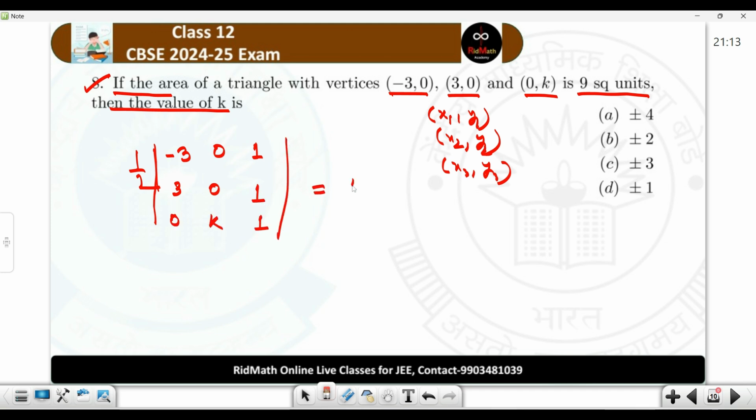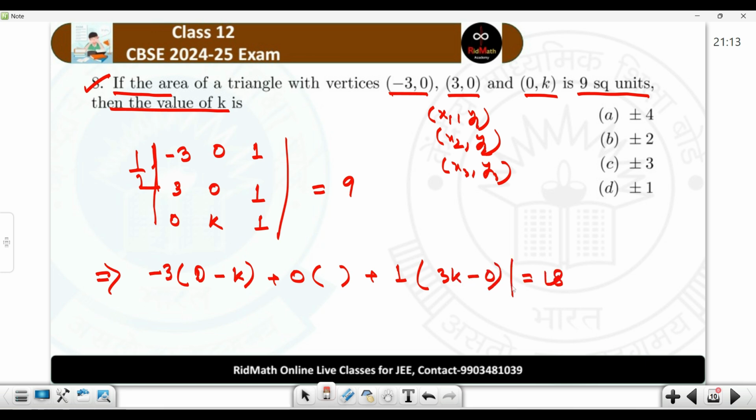This is equal to 9 given. So that is equal to, this is mod value, remember. So expanding this, minus 3 into 0 minus k plus 0, we will not write it, plus 1 into 3k minus 0, and this is equal to 18, and this is mod, remember.